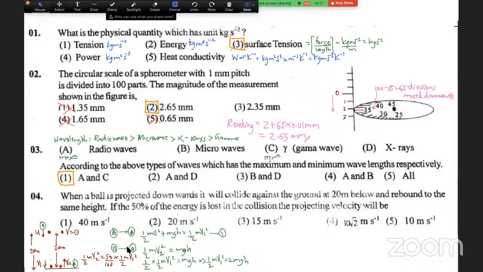I hope you guys understood it. From here to here I have written the energy conservation, then I'm writing the energy conservation from here to here, and I know a relationship between half m v1 squared and half m v2 squared.